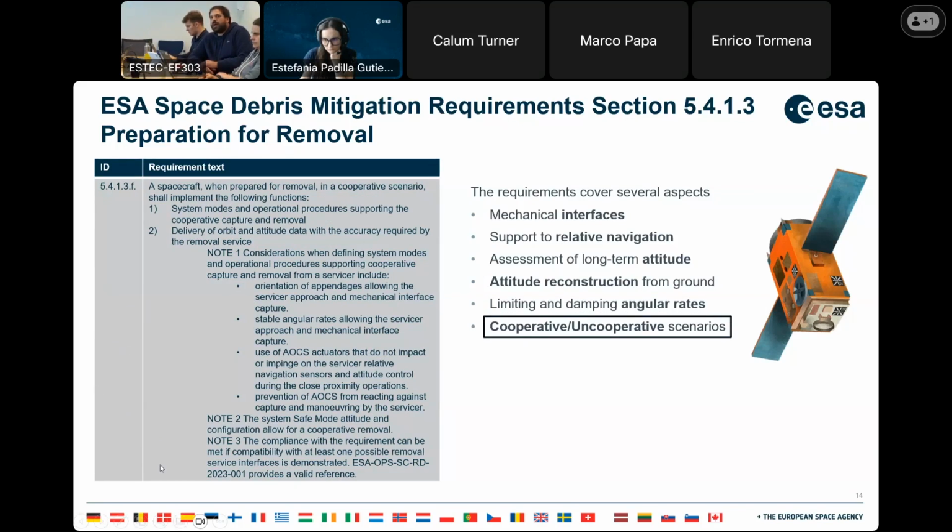Here, this requirement, for example, is highlighting the necessity for the removal to consider specific design for the system modes. This has implications and considerations that need to be taken into account when defining the OCS subsystem.